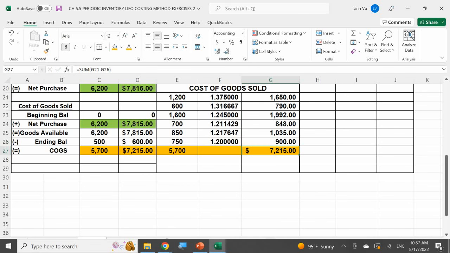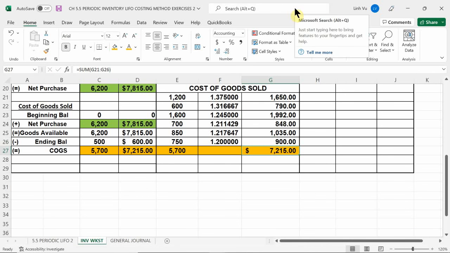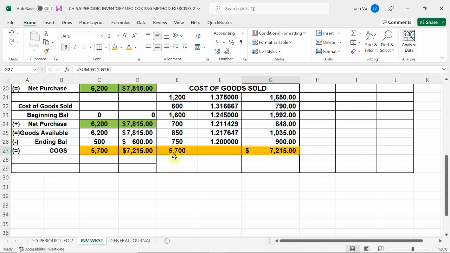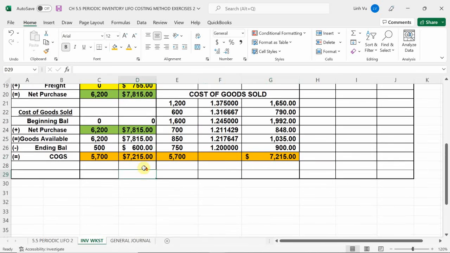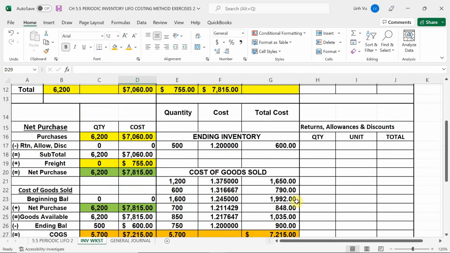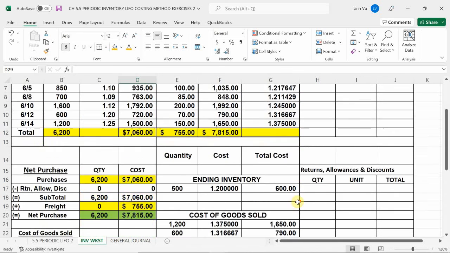Okay, yeah, there you go. 900 instead of this 848. So in this case, I'm supposed to get 7,215, which again, because I self-referenced it, making one minor change can ultimately change everything on your worksheet. And there you go. I got it, even 600.